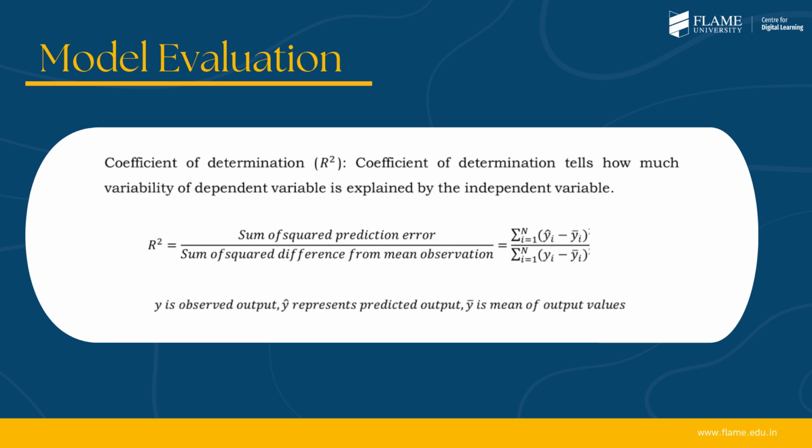The R square value generally lies between 0 and 1, and your desire is a higher value. The higher it is, the more accurate the model is and the better it can predict. In standard terms, if your coefficient of determination is more than 50, you can consider your model accuracy to be 50%, but that is not strictly correct. Still, you can consider it as a measure of how well your model is predicting.